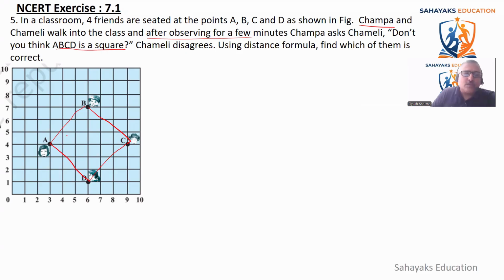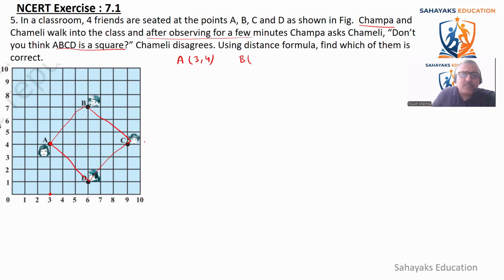Now, first, what is point A? What are the coordinates of A? It is 3, 4. So please don't make mistakes in writing the points. Now what is B?